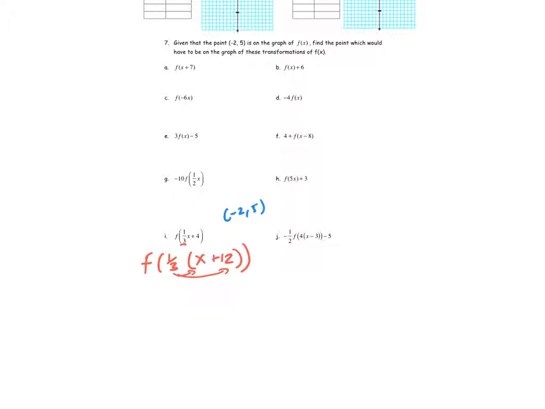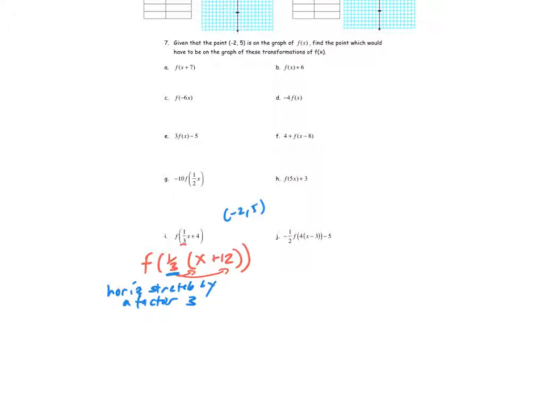So here we have two transformations going on. They're both inside the function, so they affect x. Let's see what they do. I'm going to get a different color pen. This 1/3 is going to be a horizontal stretch by a factor of 3.